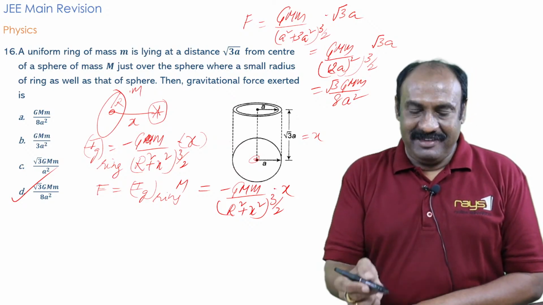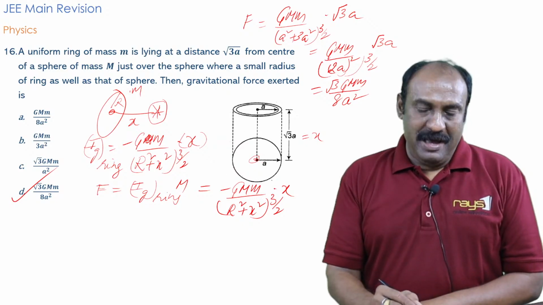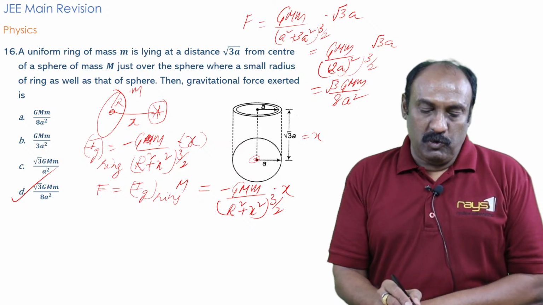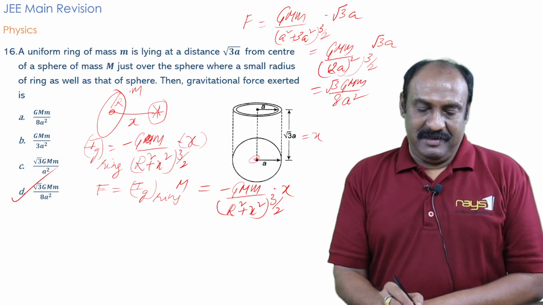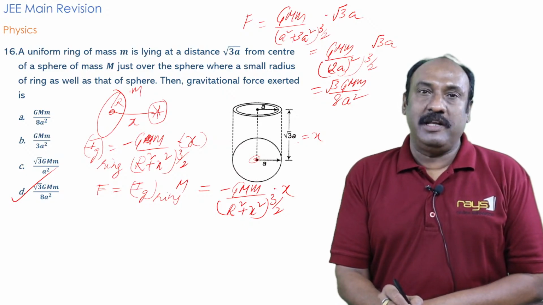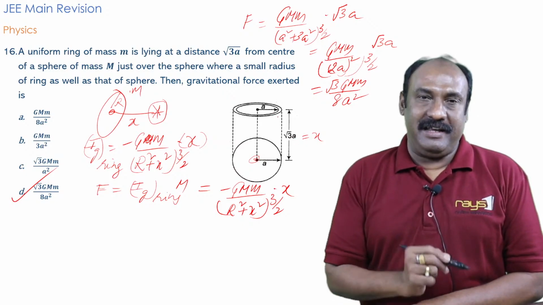Now imagine this sphere as a point mass of mass capital M, placed at its center, at a point which is at a distance root 3a on the axis of the circular ring.